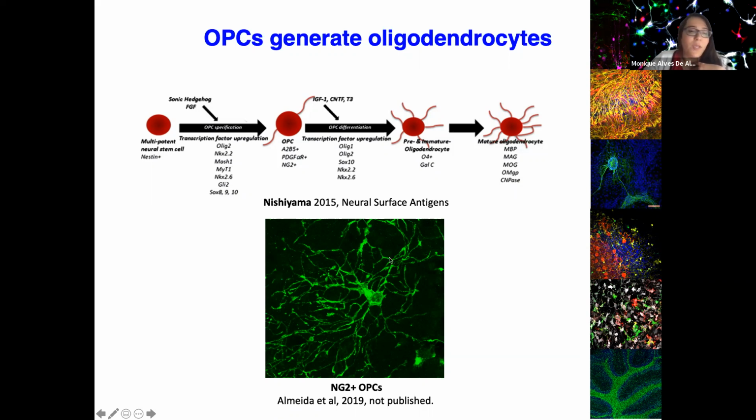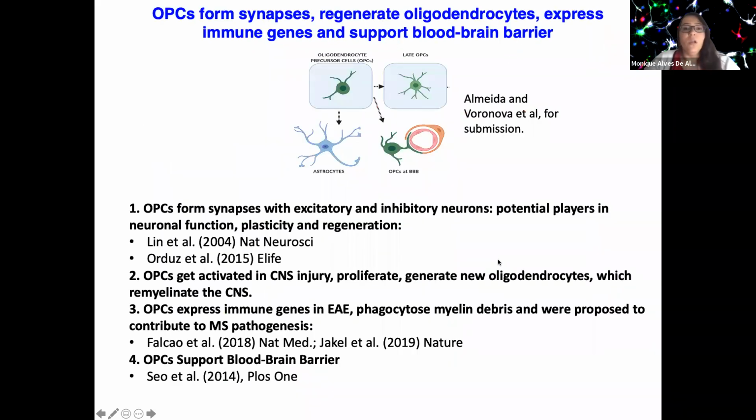Here's just a picture from my doctorate thesis of NG2-positive OPCs, which show lots of branches coming out from the soma. In addition, several other biological activities have also been reported regarding OPC heterogeneity and functions.